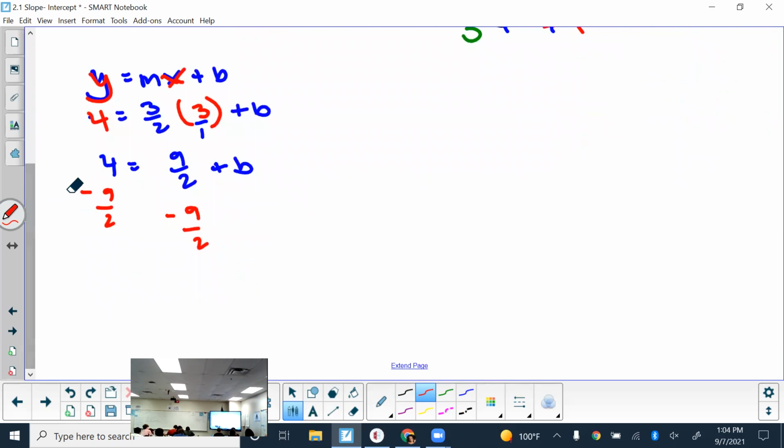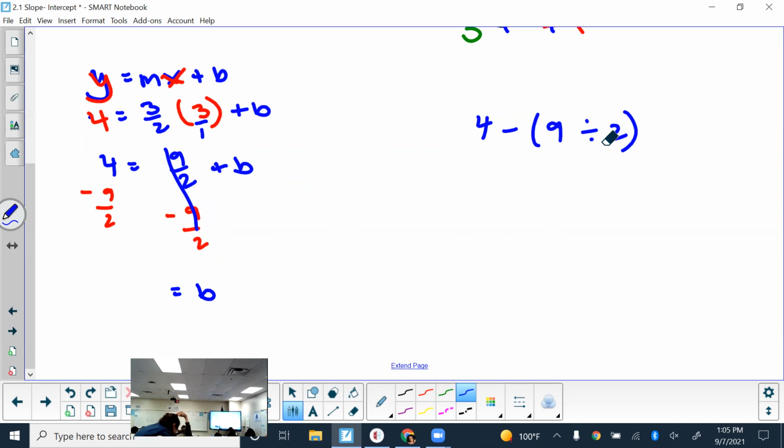And I don't like subtracting fractions, so I'm going to use a calculator. What's 4 minus 9/2? This is how you enter it in your calculator, by the way. Put it in your calculator. Put it in the parentheses.